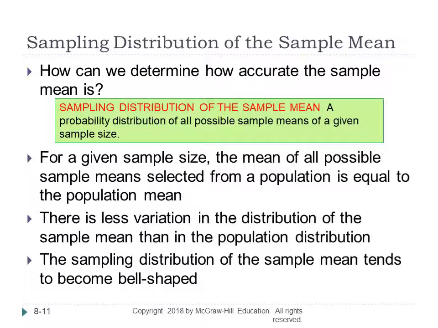There is less variation in the distribution for the sample mean than the population distribution. The value for the variance for the sampling distribution of the mean will be less than the variance of the population. The sampling distribution of the sample mean tends to become bell-shaped. Of course that would suggest that the sampling distribution under certain conditions will be a normal distribution.